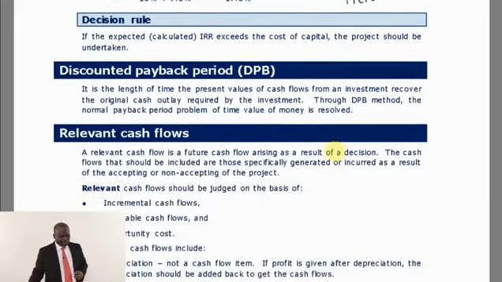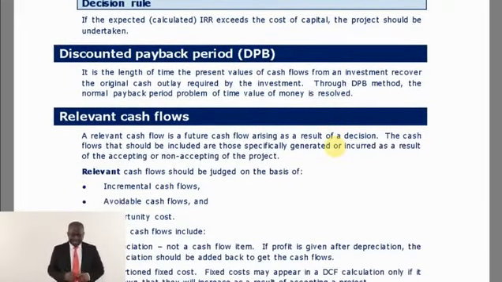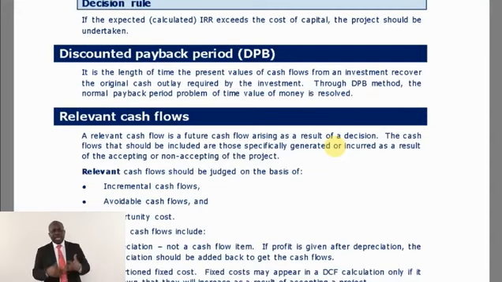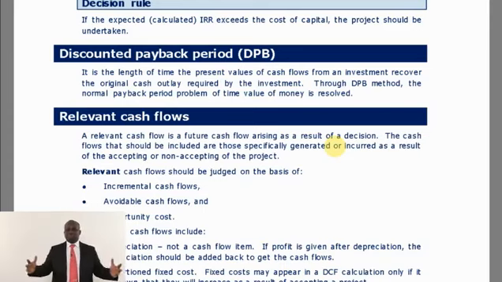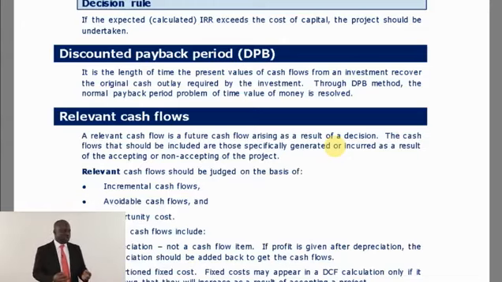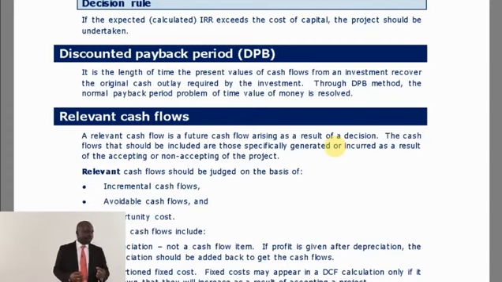Now let's move on to discounted payback period. In your basic financial management, you learned payback period, which was the number of years the cash flows from the project will take to recover the investment. And that was criticized on the basis that payback period does not consider the time value of money, because we are not discounting the cash flows.